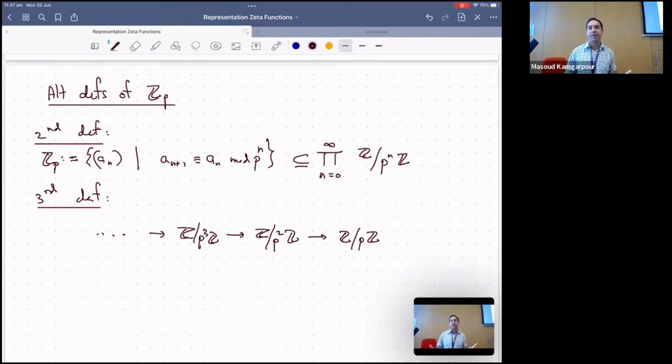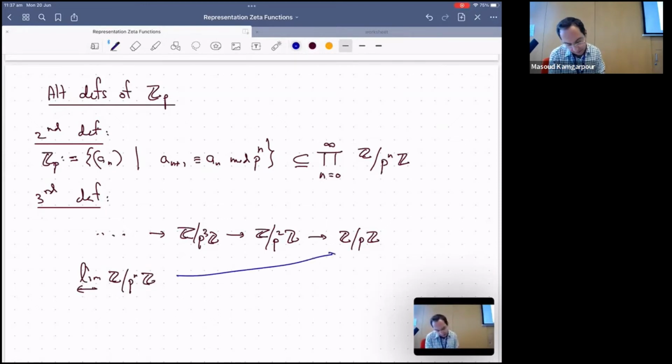The inverse limit is the universal object that has maps to all of them, such that all these arrows are commuting.